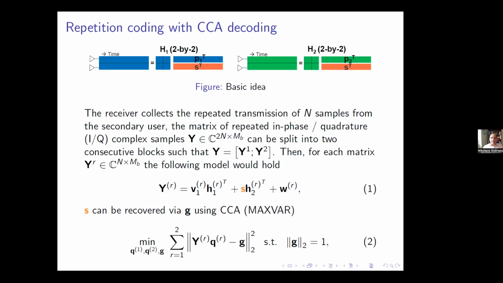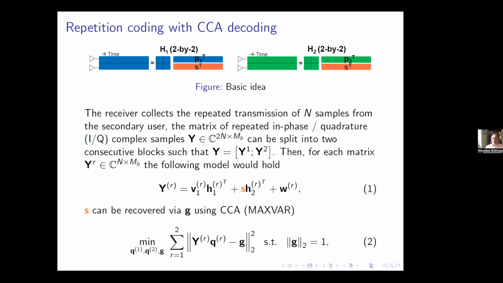So the idea builds on something that is very simple, and you only see it after the fact, once you know a certain mathematical statistical technique known as canonical correlation analysis, and then you reverse engineer what you need to do at the transmitter. So the basic idea builds on repetition coding at the transmitter and using two or more receive antennas at the receiver.